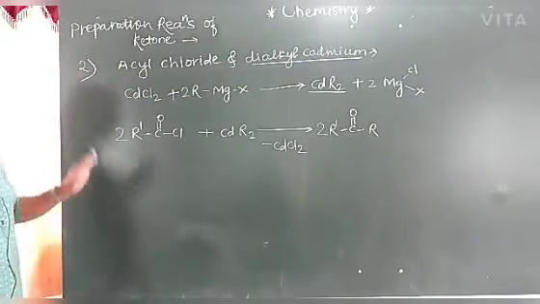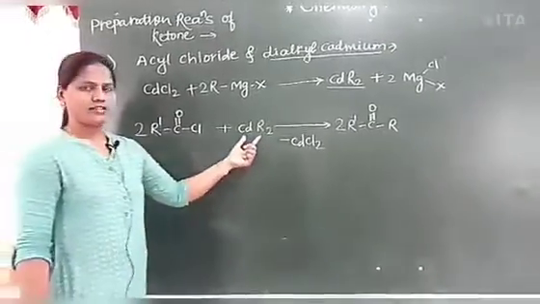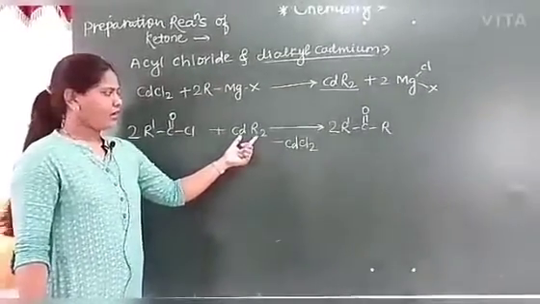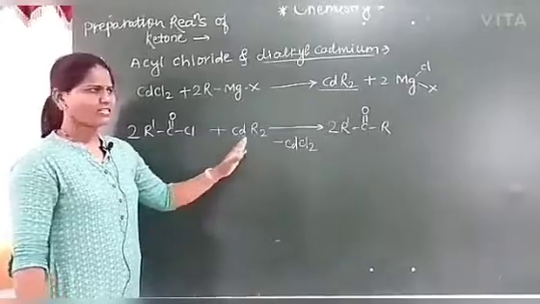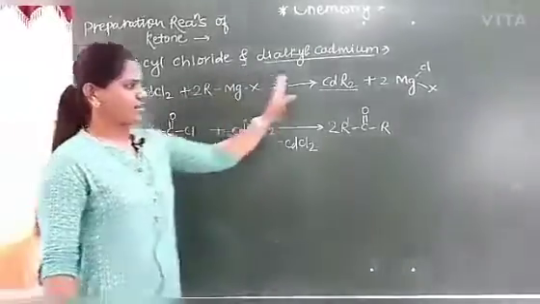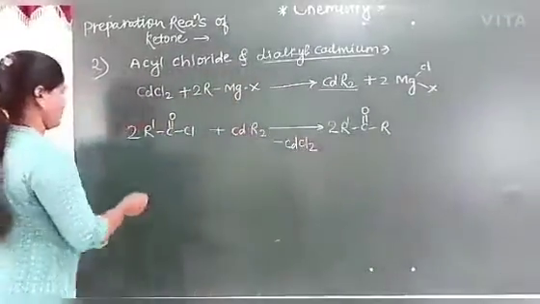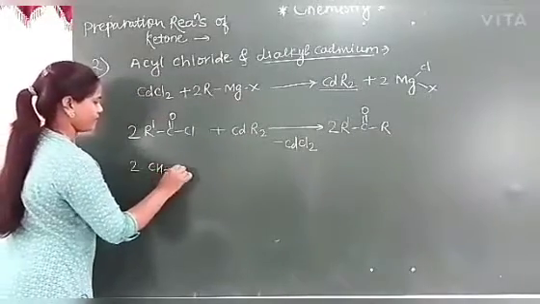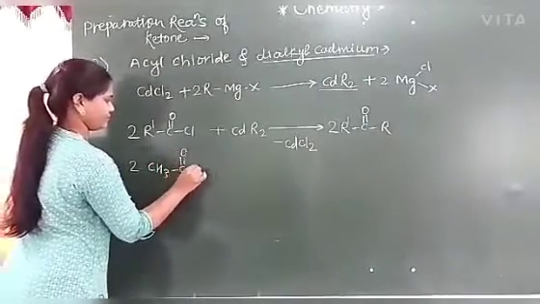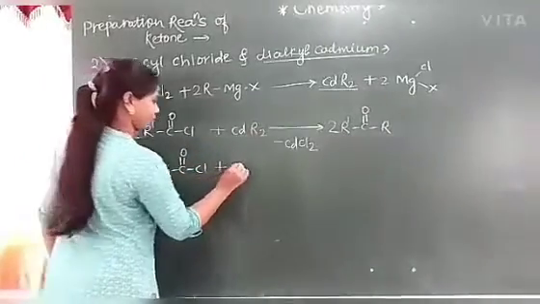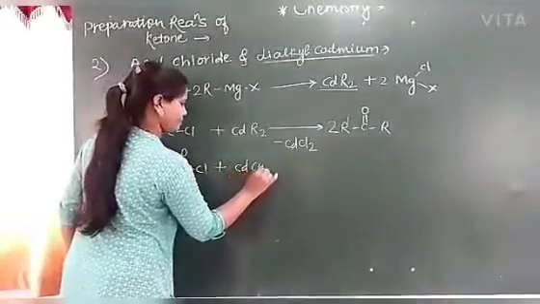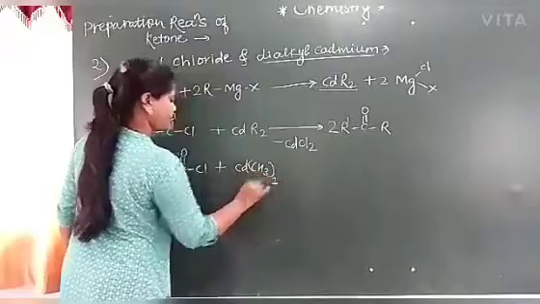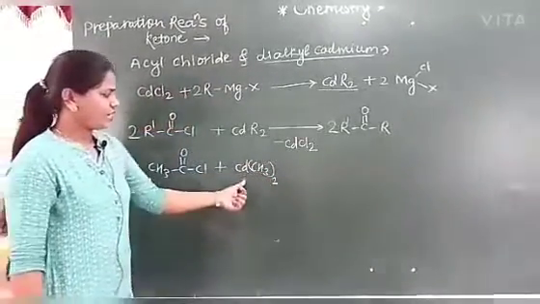Now to solve the example directly we can take the dialkyl cadmium as it is, no need to write this reaction. Let us see one example. What is the name of this?